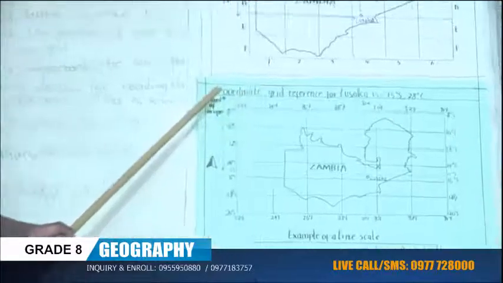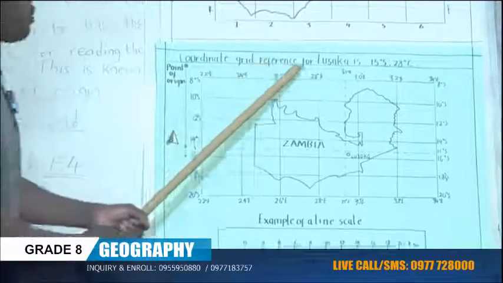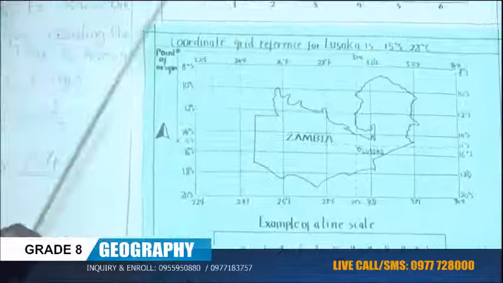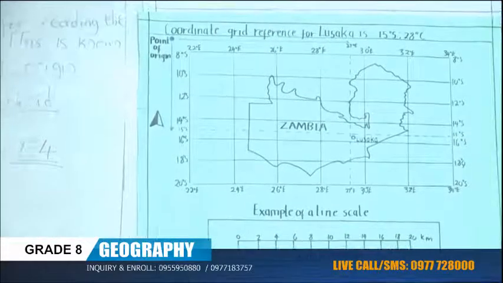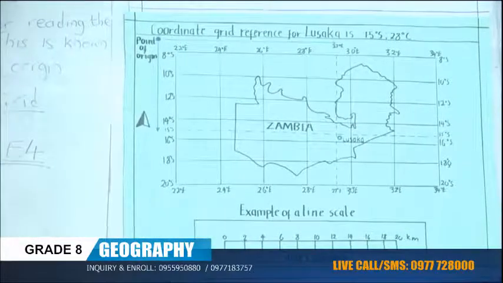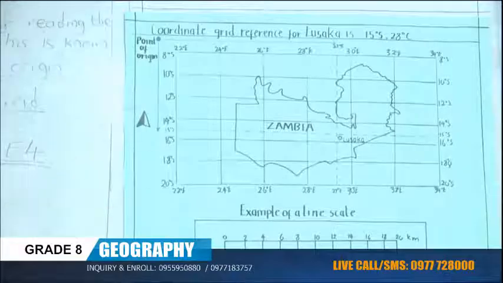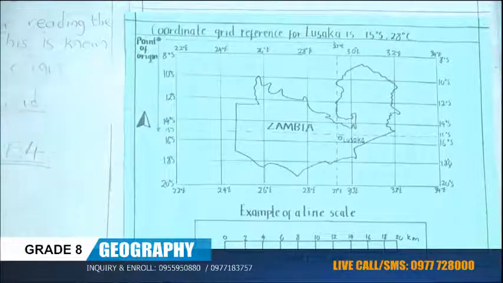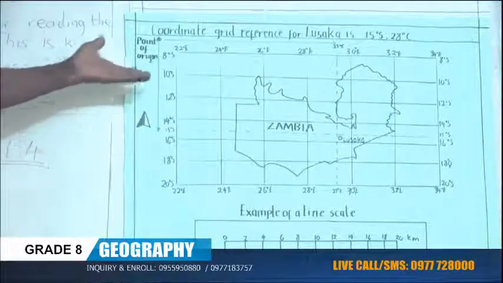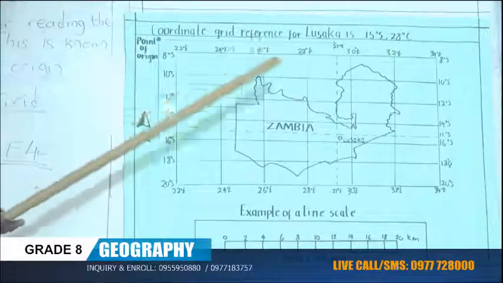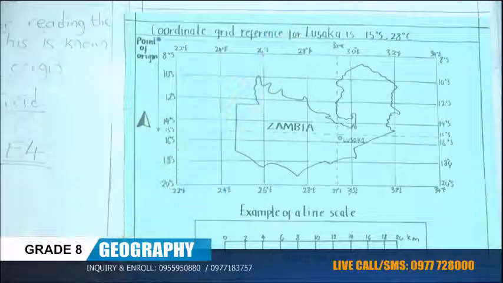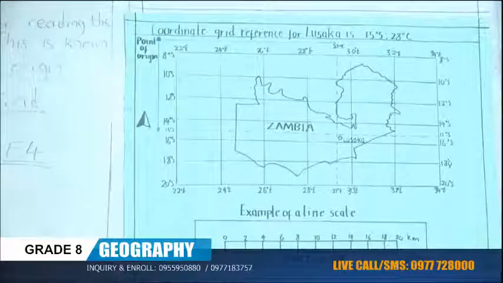Instead, it is a coordinate grid reference for the same place, Lusaka. Why are we using Lusaka? Because we do not want confusion. We want you who are learning out there to grasp the information which we are portraying here on the chart, as well as the explanation through the notes and the spoken words.